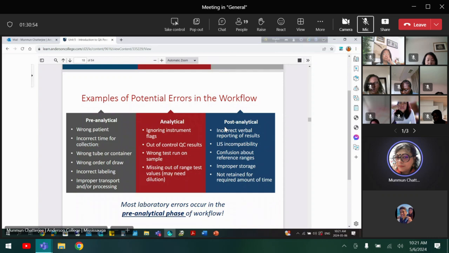Say your instrument can recognize between 2 to 10 for any result, but the patient value is so high it gives you more, maybe 11 or 12. Are you going to accept that 11, 12? No, because you don't know whether it's 11, 12 or 20. So then you have to dilute the sample.